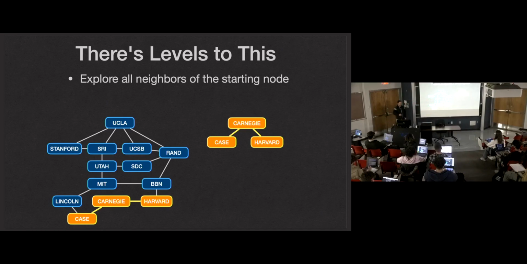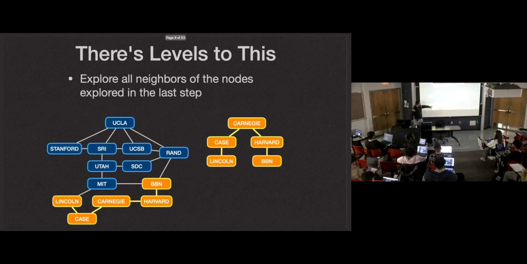So Case and Harvard are going to find Lincoln and BBN using these edges. So we have these edges going down. And then BBN and Lincoln are going to fight over MIT. This is where ties are going to be broken arbitrarily when there are multiple paths. Oh, actually, I haven't mentioned that yet, have I? But ties are going to be broken arbitrarily when 2 different nodes at the same level, these are neighbors of the neighbors of the starting node, have a tie.